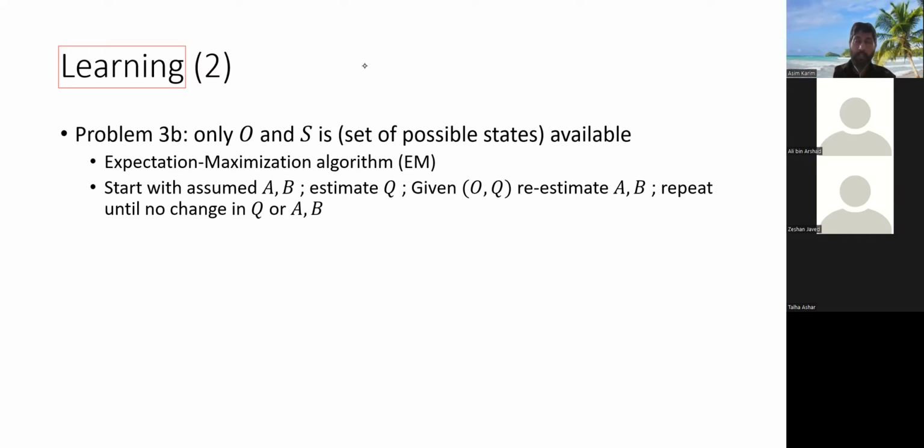Once those labels are generated, now you have a labeled data set. Okay? From that labeled data set you learn A and B. Then, having learned A and B from that label data, solve the decoding problem again. Okay? That means another set of labels comes out. From those labels you again learn A and B, as in the previous problem. Solve the problem again and do this until there is little change in the matrices A and B.